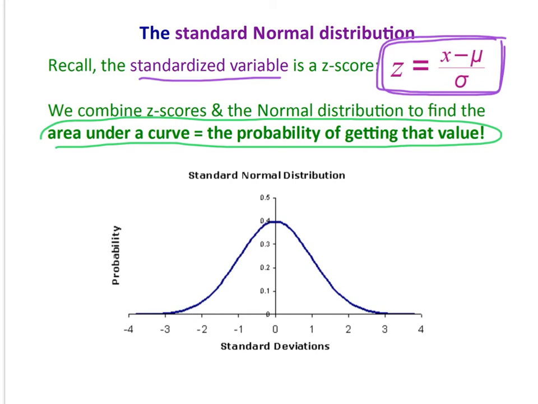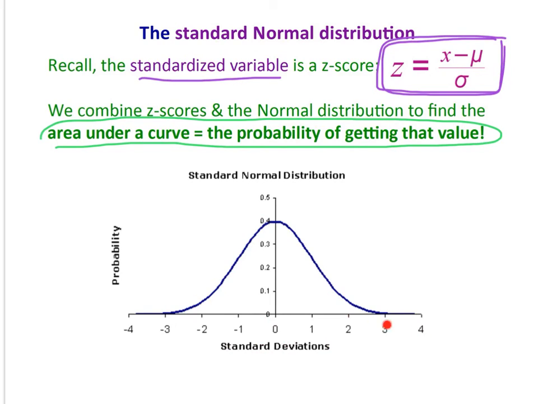So what we're going to be working with is this thing called the standard normal distribution, which is a unimodal symmetric normal curve, but it's centered at the mean, or when my z-score is 0. So now my x-axis is going to be my z-scores.